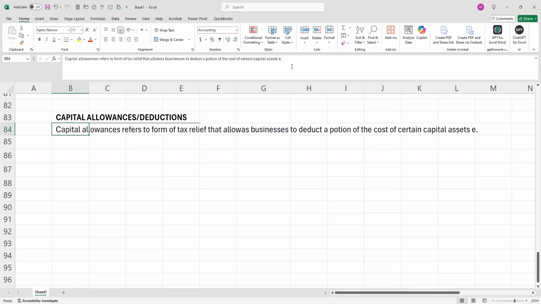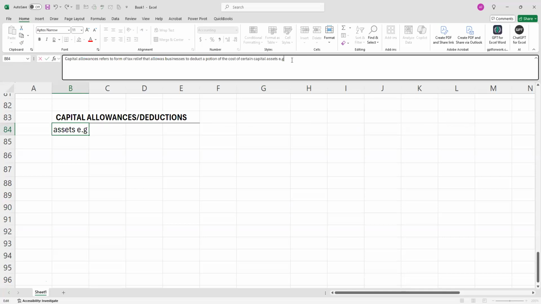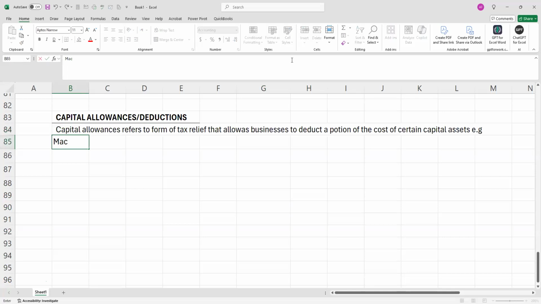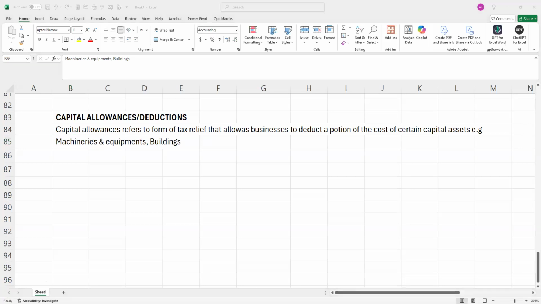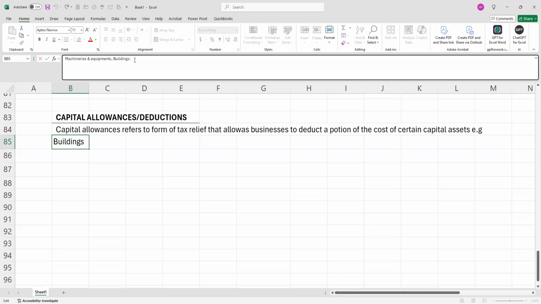You can list machineries and equipments, buildings, and maybe motor vehicles, a portion of the cost of these items, etc.